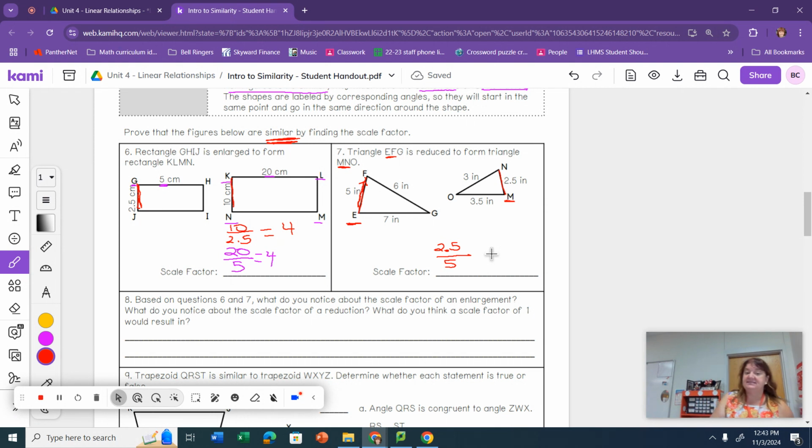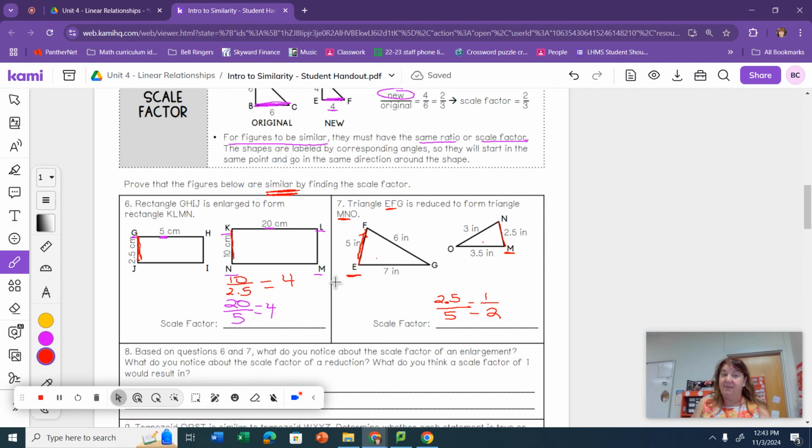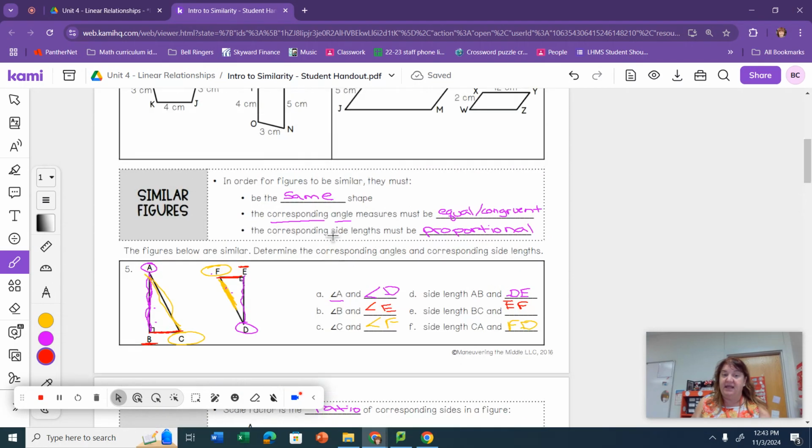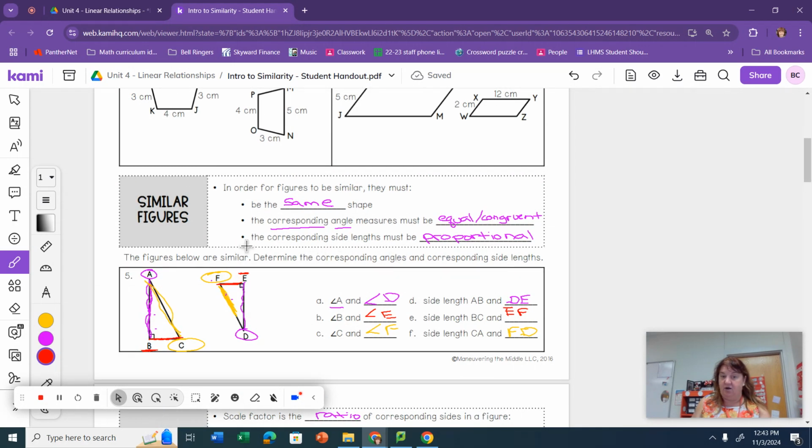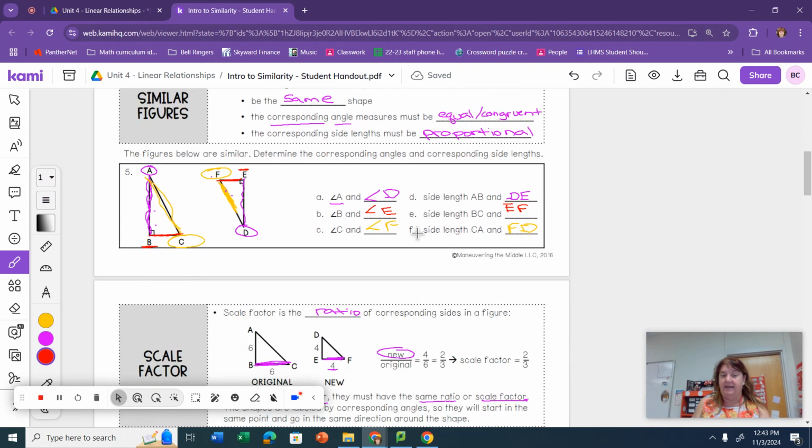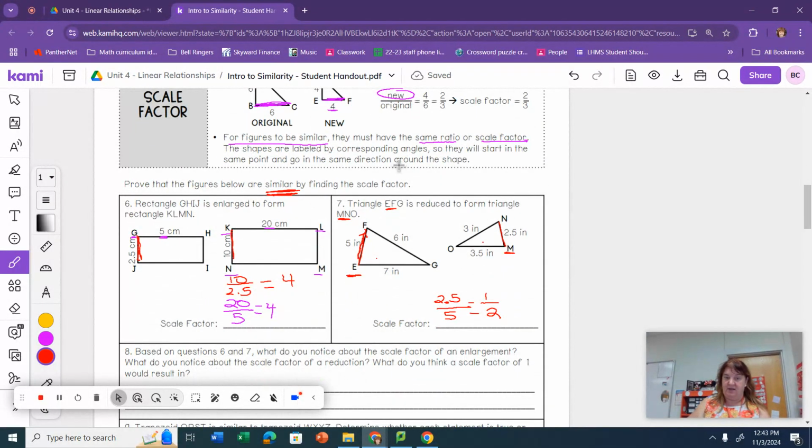Okay, so what's the scale factor here? The scale factor here, I know that 2.5 goes into itself once and into 5 2 times. So 1/2. This triangle here is 1/2 of this one. Well, let's see if that works for another side. Because if you remember, it has to be all the corresponding sides. Okay? So let's do another side.